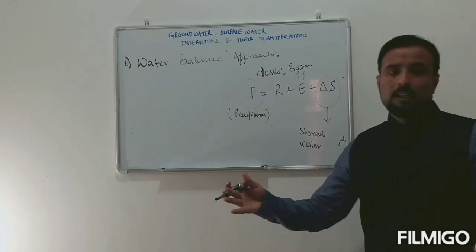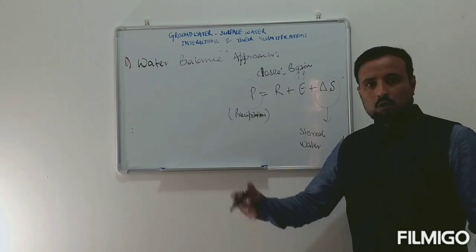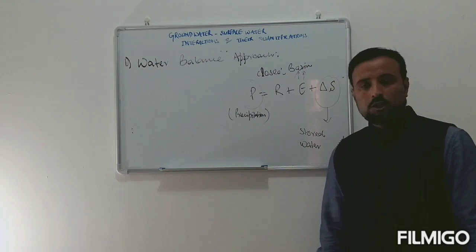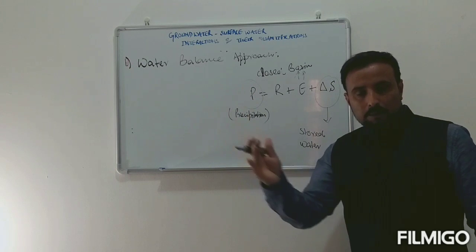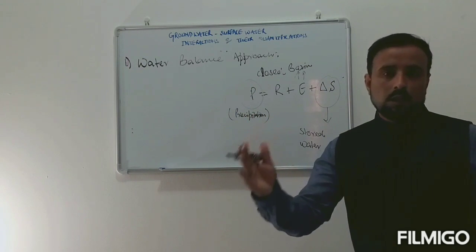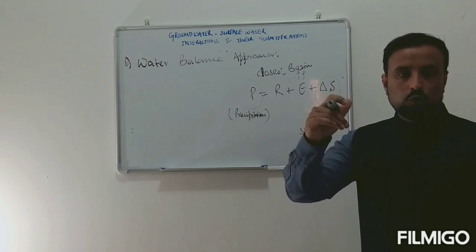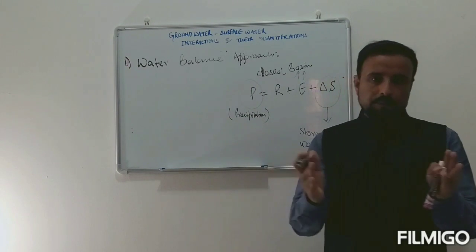It says that in a particular catchment area, if you are quantifying groundwater surface water interaction, whatever water is coming should either be converted into stream flow or go to the groundwater. Now, when the water is coming into the system, right?